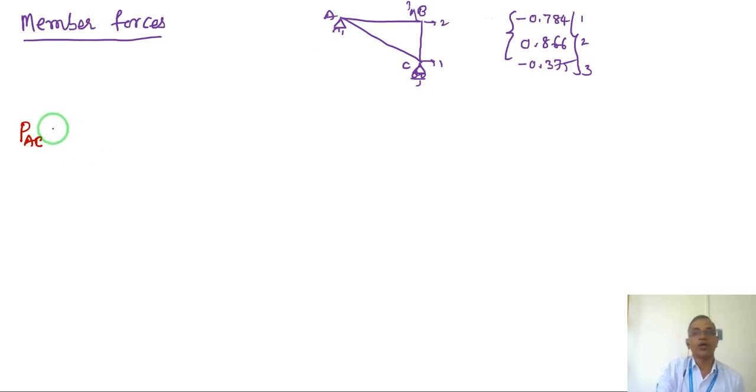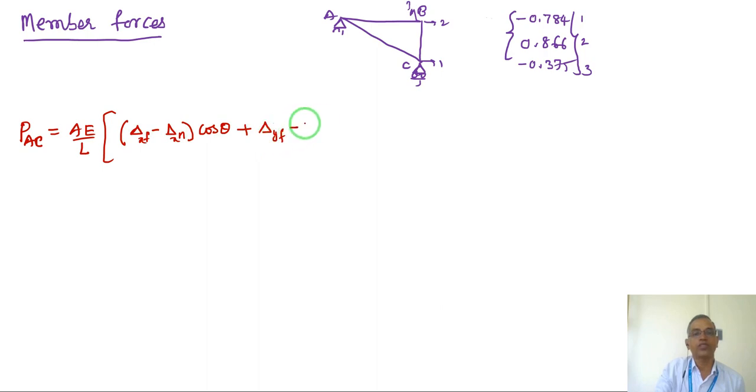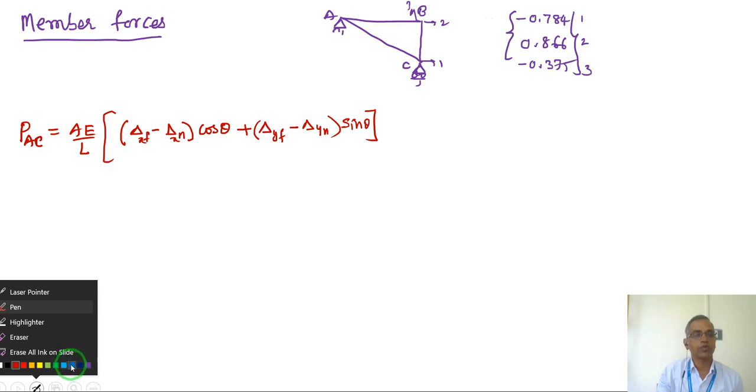So as per the formula, we have AE by L into displacement at far minus displacement at near joint, into cos theta, angle of that member, plus displacement in y direction far minus displacement y direction near into sin theta. This is a formula, very important.